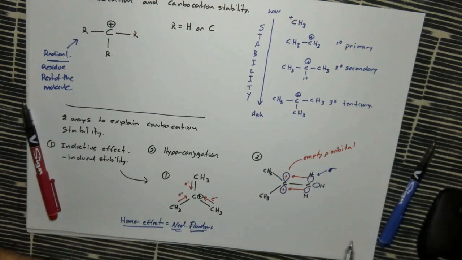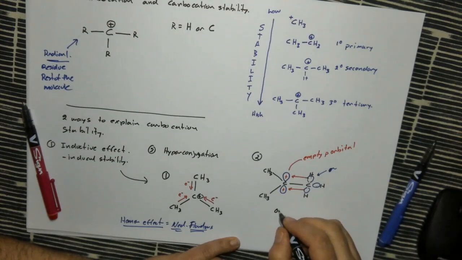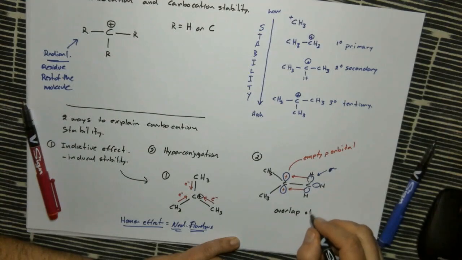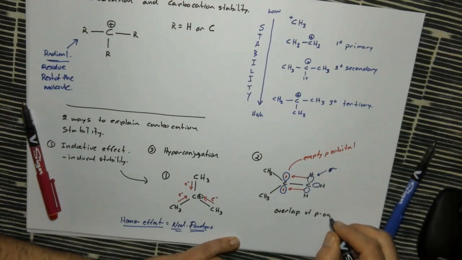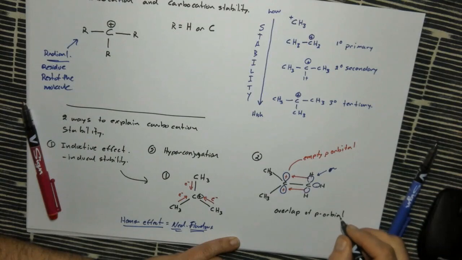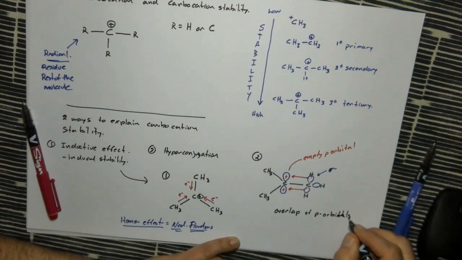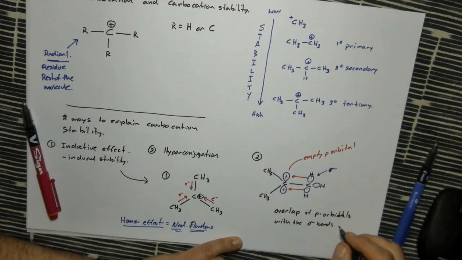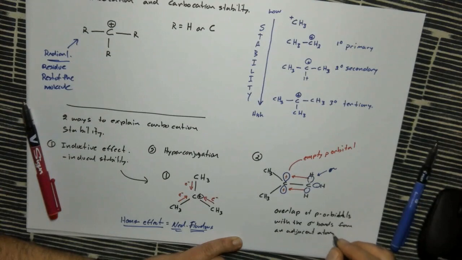And that is then what we call an overlap of the p orbitals with the sigma bonds from an adjacent atom.